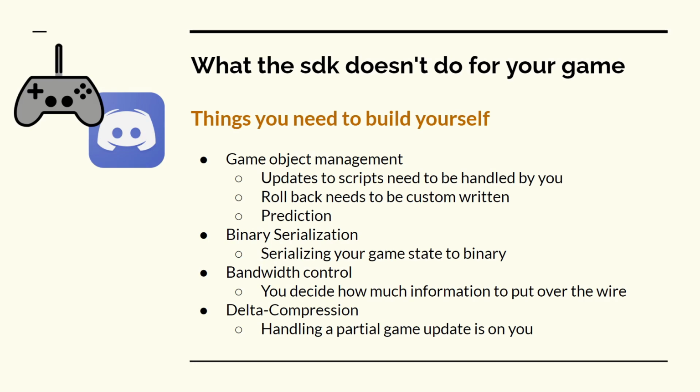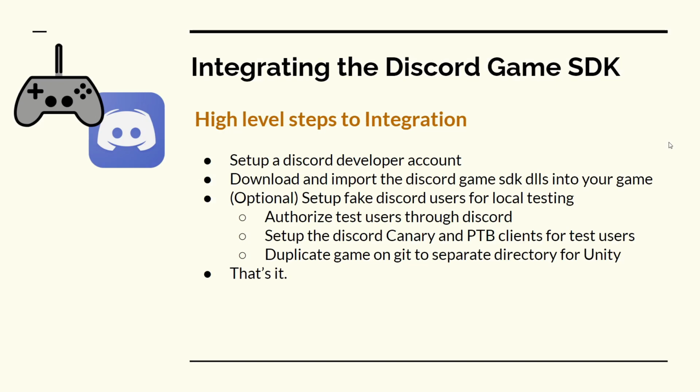So if you wanted to integrate it, what would that look like? The steps are more or less: set up a Discord developer account, download the DLLs, and if you wanted to test locally with two users, set up additional users and then duplicate a Unity game directory to run two instances of Unity.